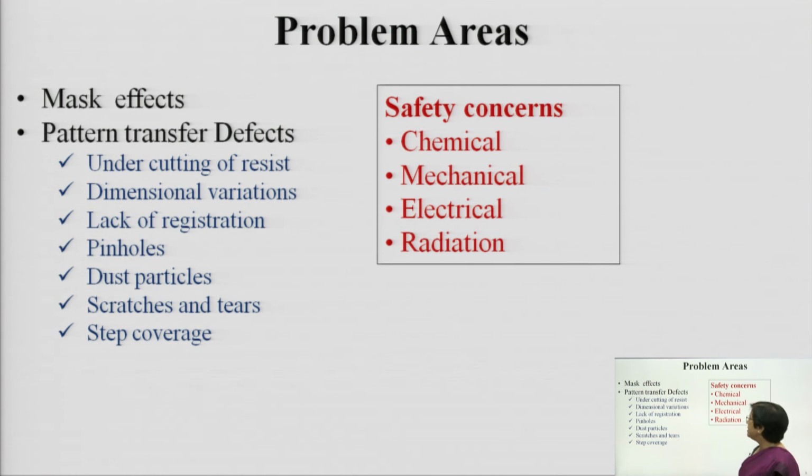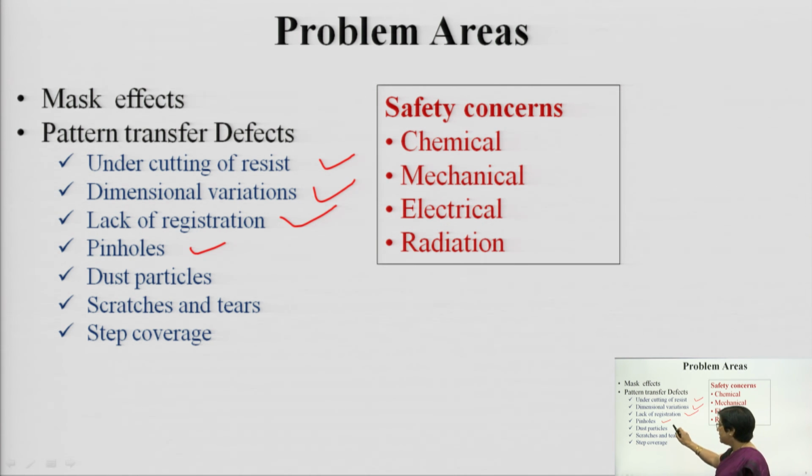Now, the problem areas you need to address are these. When you are transferring the pattern, there are undercutting issues with the photoresist and dimensional variations in the photoresist, so the transferred pattern will not get properly reproduced; we call it registration. Then there are pinholes, which are small holes that can create diffraction, and the pattern may develop shadows, so the transfer may not happen. Then dust particles, scratches and tears on the mask, and step coverage.